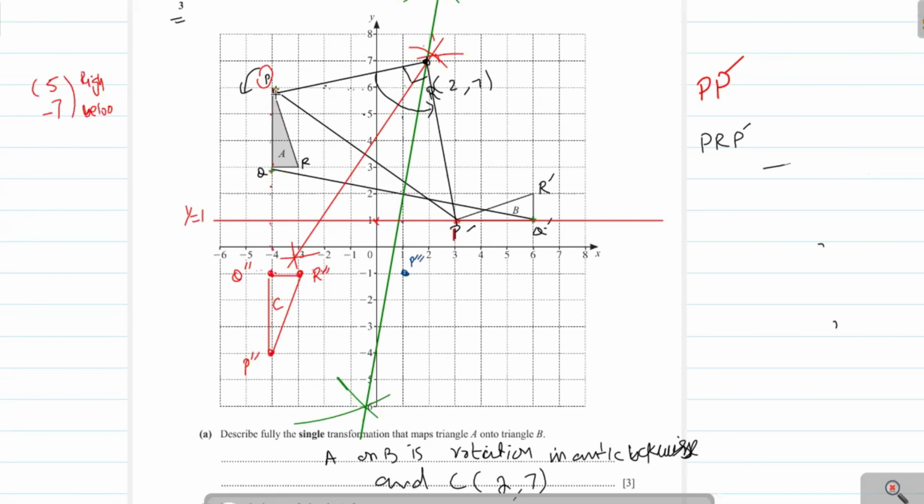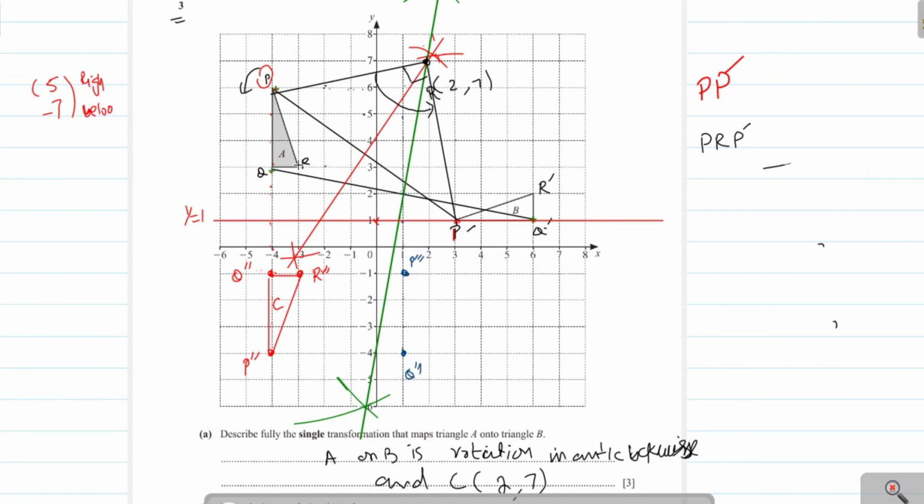Next is the point Q. Now you see here when we move 5 unit 1, 2, 3, 4, 5, and 7 unit below 1, 2, 3, 4, 5, 6, 7. And you see here, this is Q triple dash.